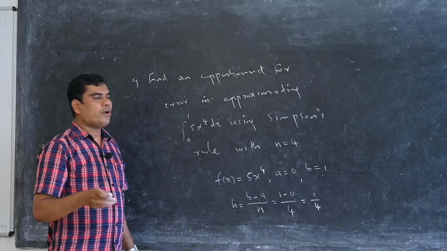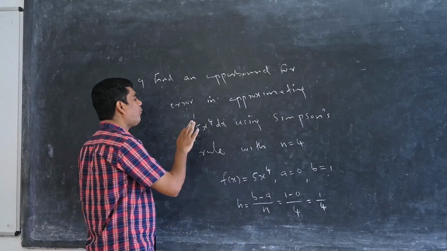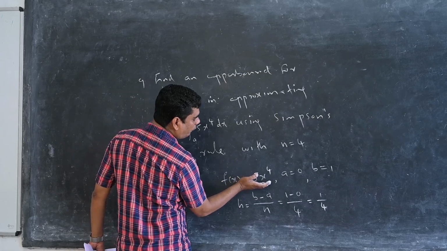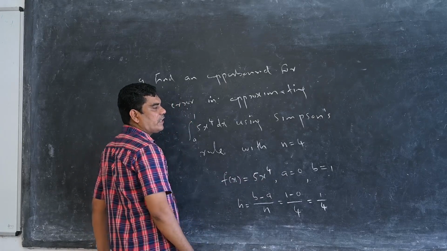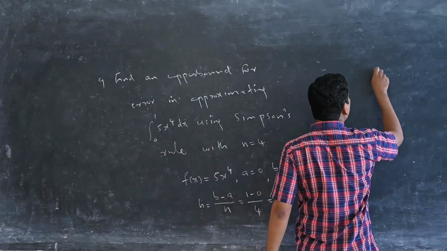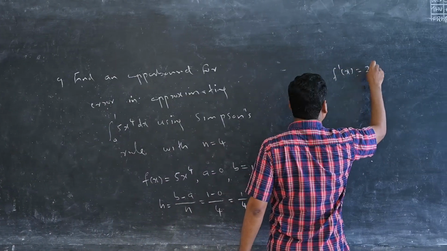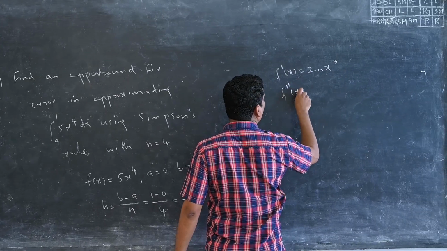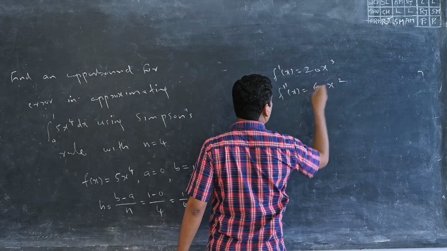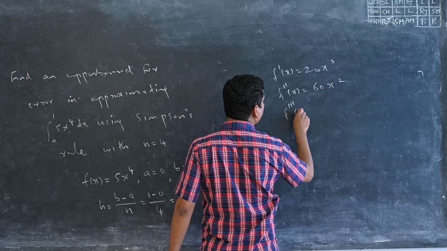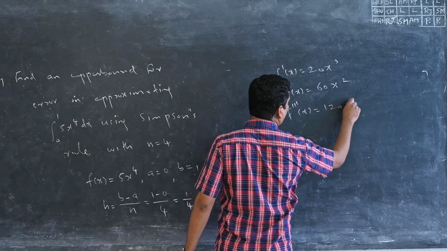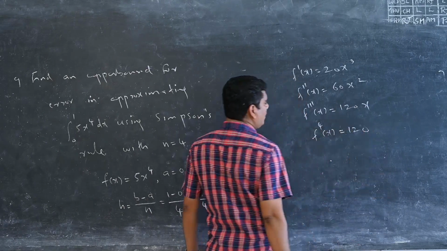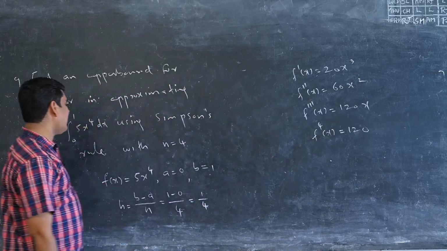Now we want to find an upper bound for the modulus of the fourth derivative of f of x. f of x is 5x raised to 4. So the first derivative is 20x cubed, the second derivative is 60x squared, the third derivative is 120x, and the fourth derivative is 120. So it is continuous in the interval [0, 1].